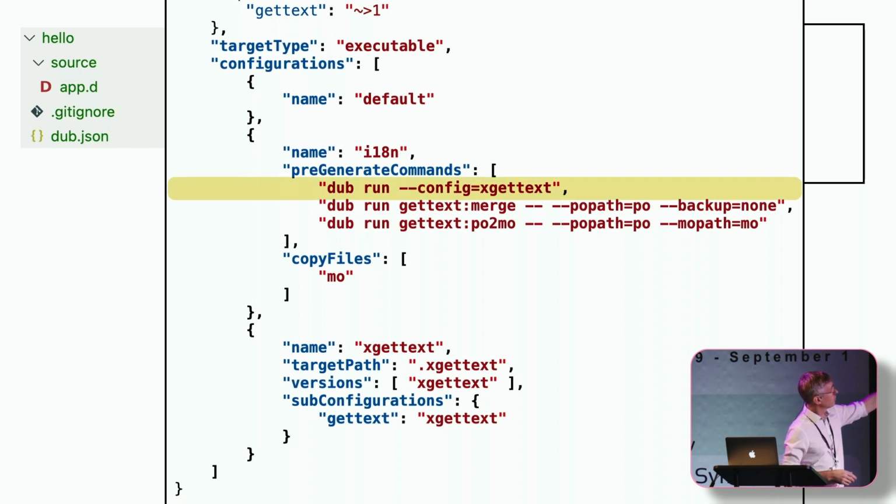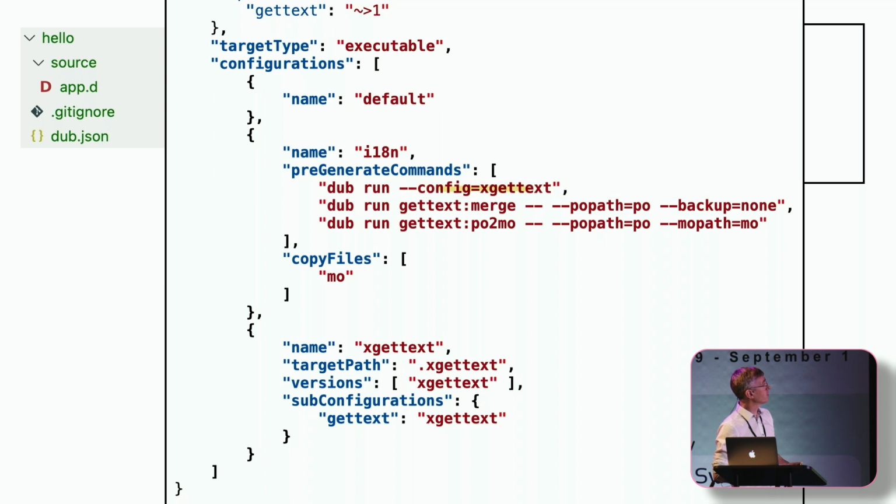It runs another configuration. It actually executes that compile also. And the config is named gettext after the utility that it replaces. And it's going to extract the strings from your sources. After that's done, you get merge.